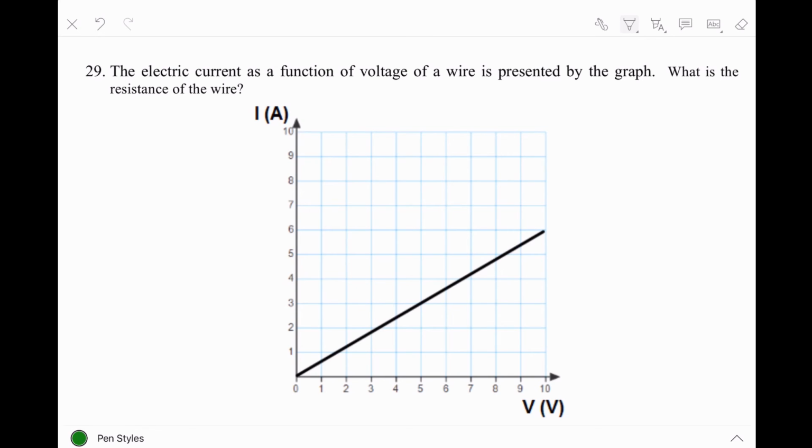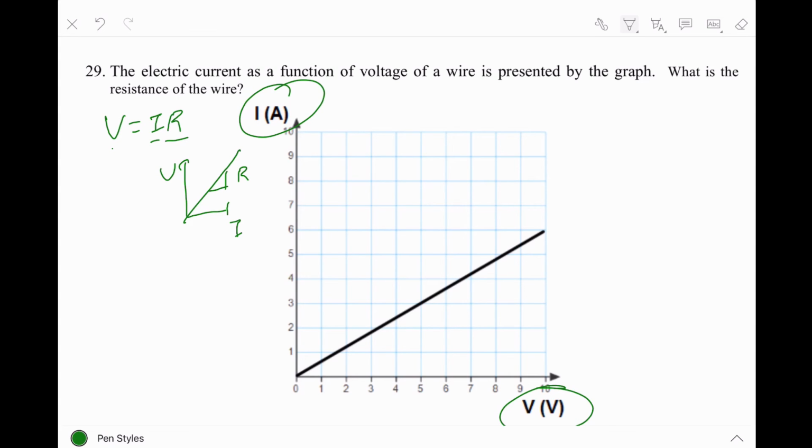Number 29. The electric current as a function of voltage is plotted. Okay, what is the resistance? Now be careful. V equals IR. Usually, if you plot V versus I, the slope is your R. But this time you plot inverse. So be careful. It means now I is plotted against V, with 1 over R as the slope.